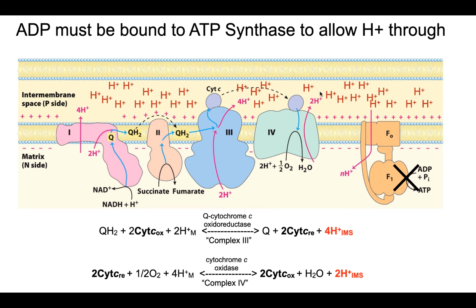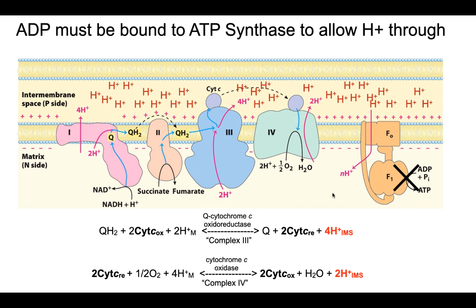And at that point, we can no longer oxidize cytochrome C with oxygen, and therefore we can no longer consume oxygen. Therefore, we can no longer oxidize QH2, and therefore we can no longer oxidize succinate.